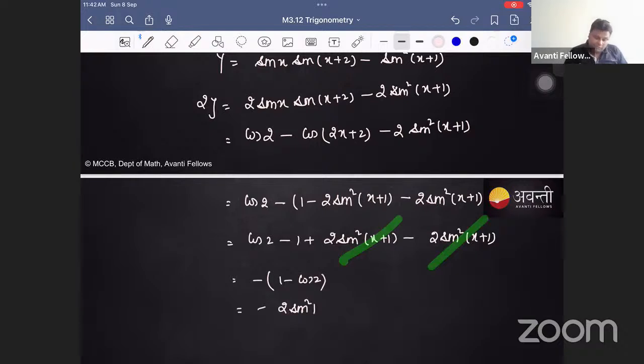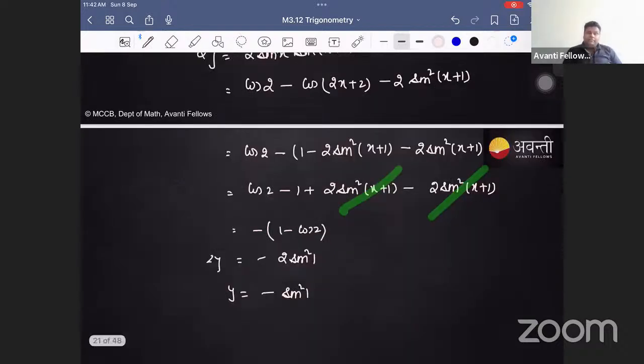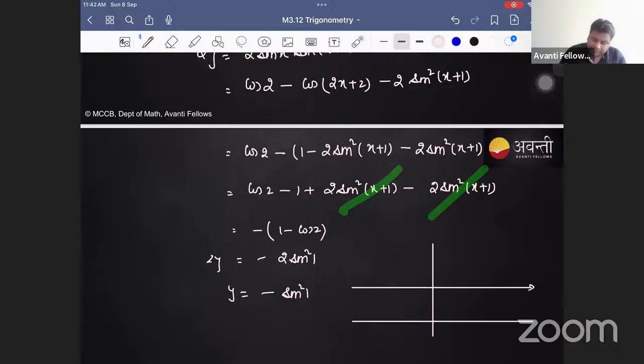Now see, this is 2y. So y is what? Minus of sin square 1. Now this is a line. y equals minus of sin square 1. This is a line and y is negative. So this is this kind of line, such that this point will be 0 comma minus sin square 1. Got it?